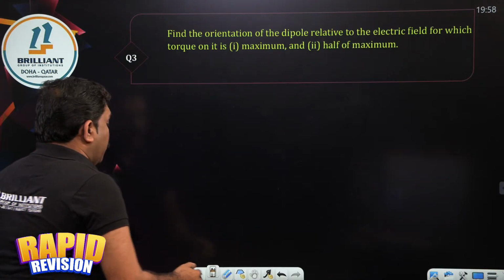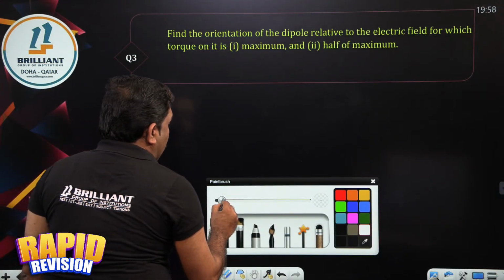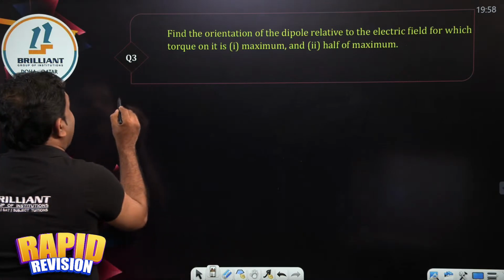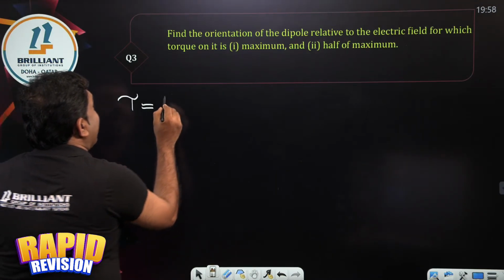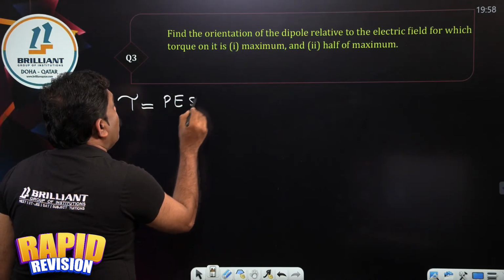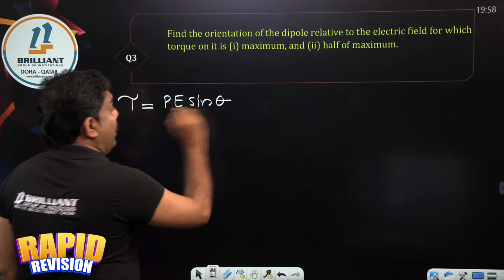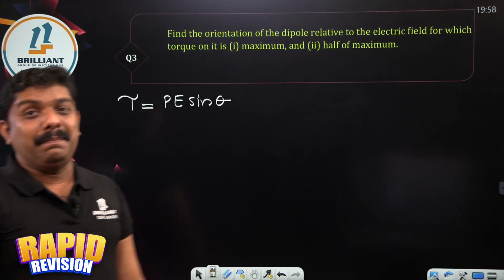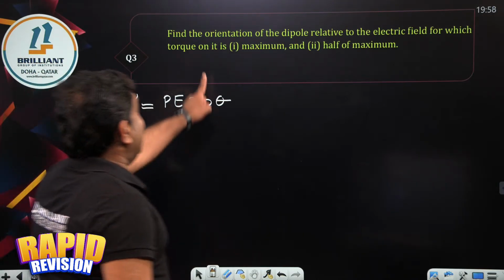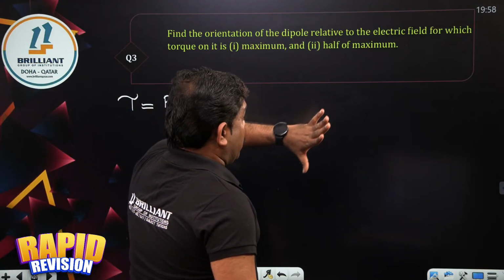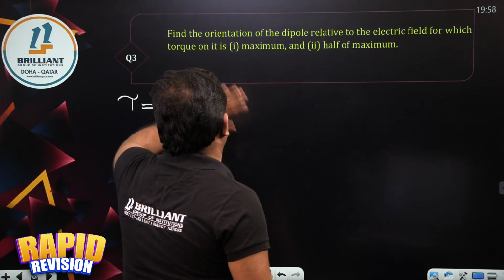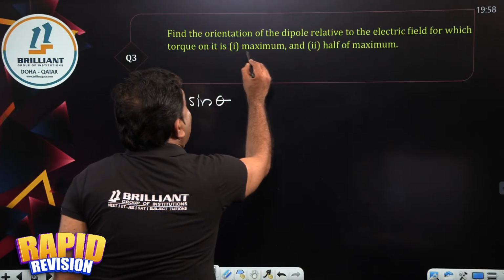What is the formula for torque acting on a dipole? Torque is equal to PE sine theta. Now they are asking, in which orientation relative to the electric field will the torque be maximum?